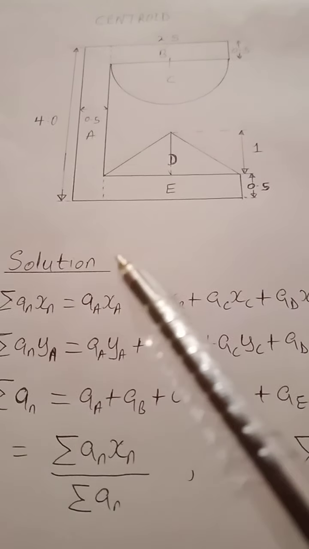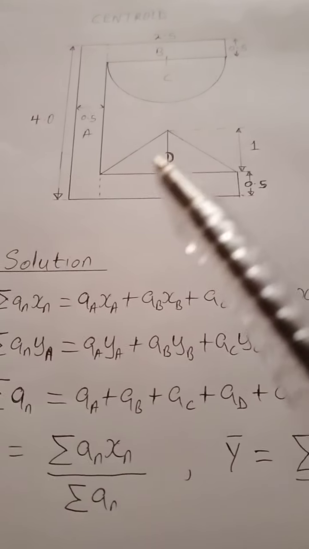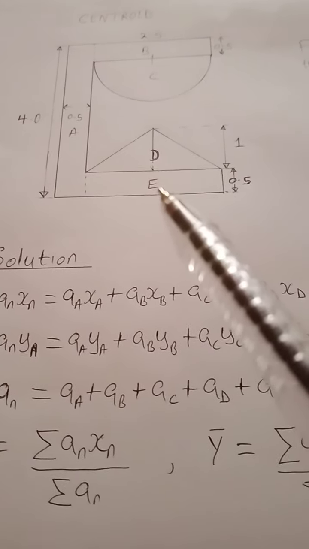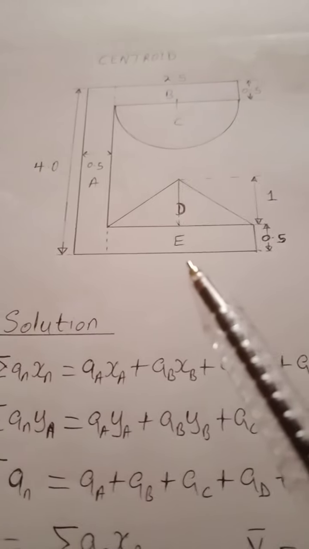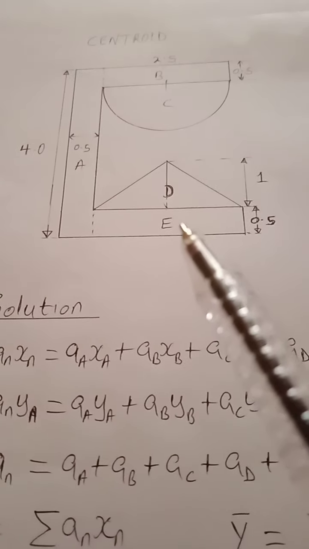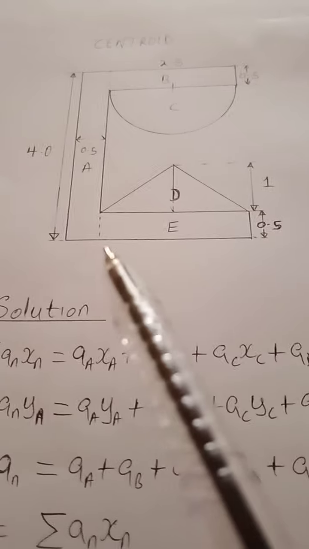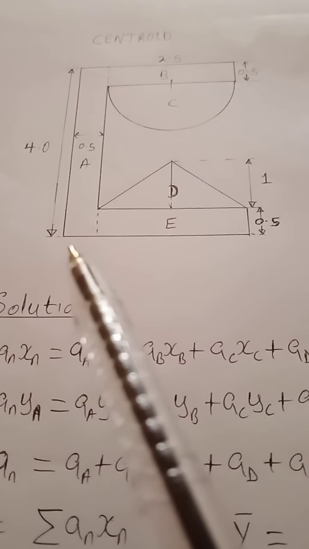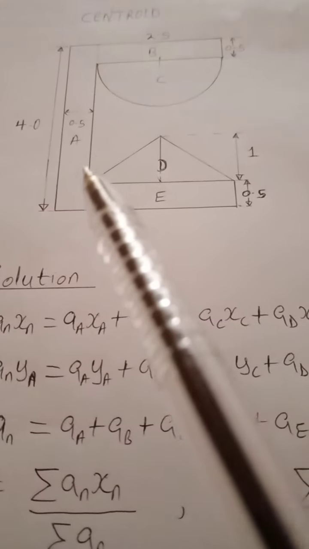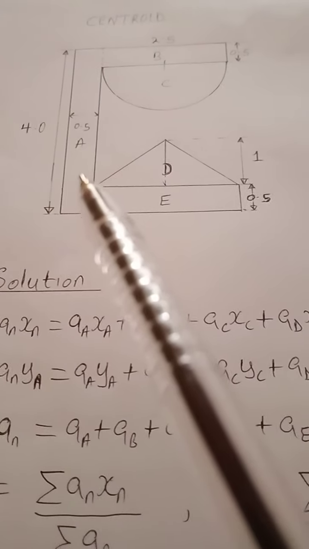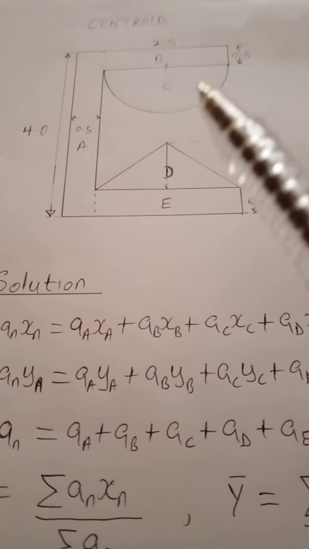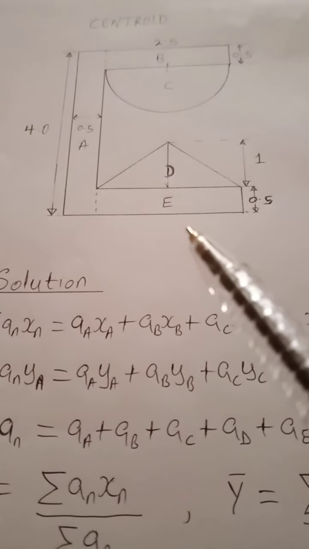We are going to determine the area of each shape and at the same time find the moment, meaning that to get the moment we have to determine the distance at which the center of each shape is situated to any reference point that we are going to be using. So this is the formula, the area of figure shape A, and the center of gravity of A. Same goes to B, same goes to C, D, and E.